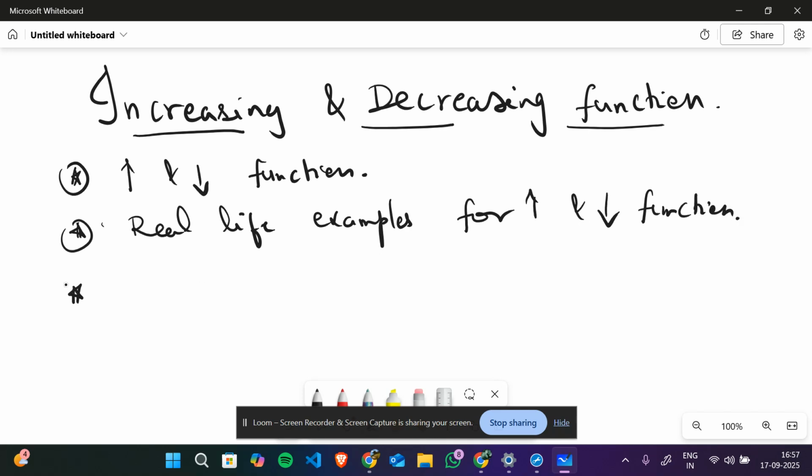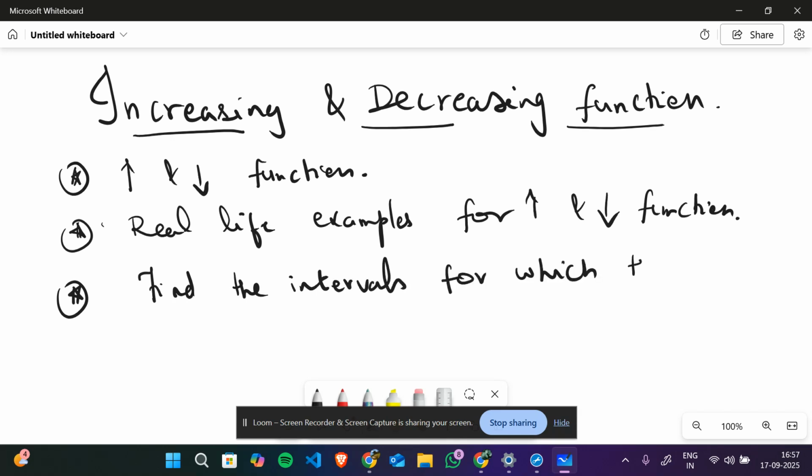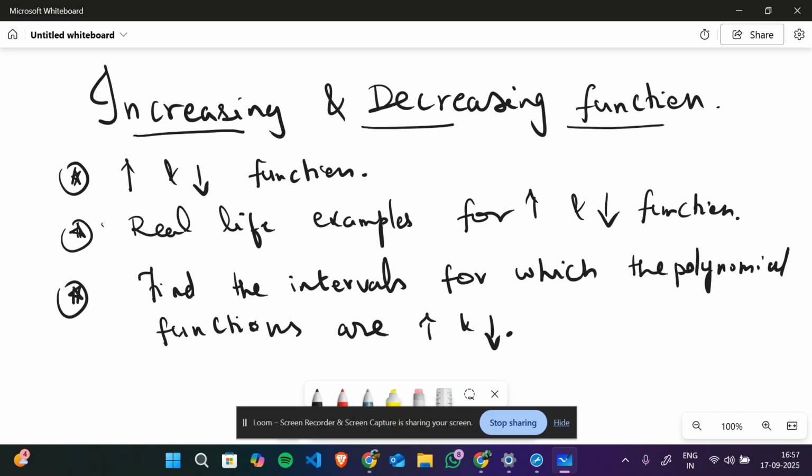Number three, find the intervals for which the polynomial function is increasing and decreasing. So these are the three things we are going to cover in this video.